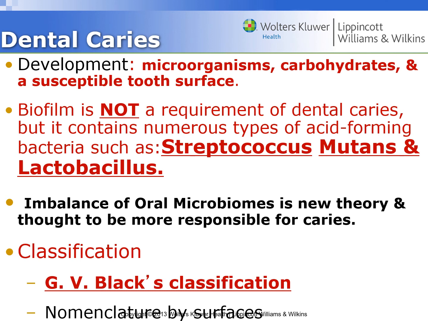That would be a susceptible tooth surface, and you could start having caries that way. So we're going to move on to classifications. GV Black: all the dental industry goes by Black's classification for restorations and for decay. It's a certain nomenclature by surfaces.